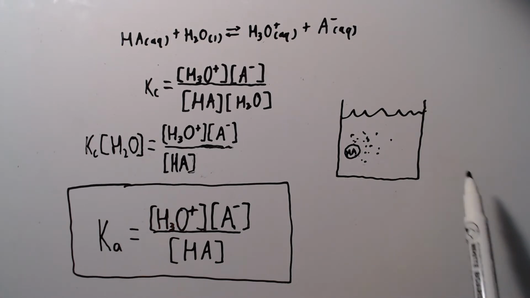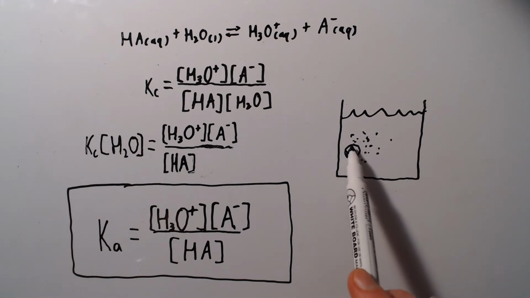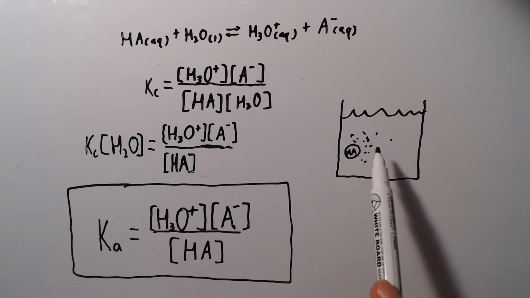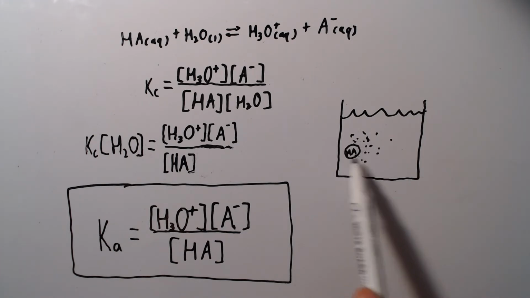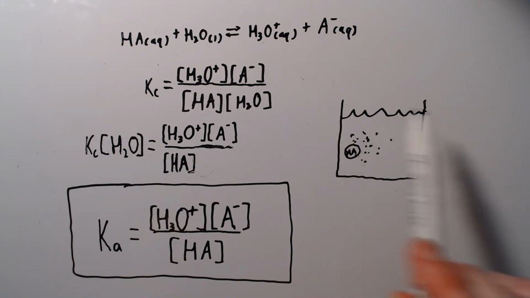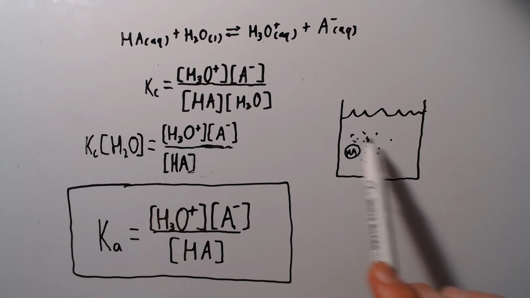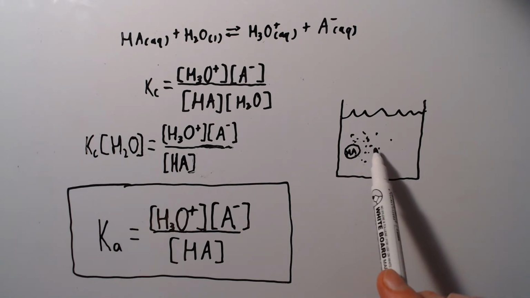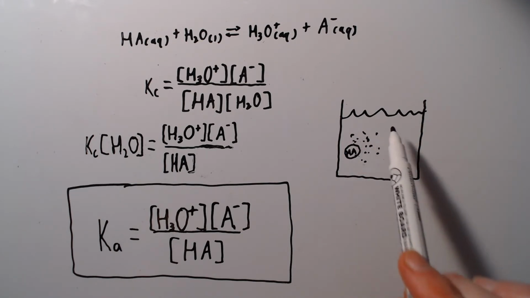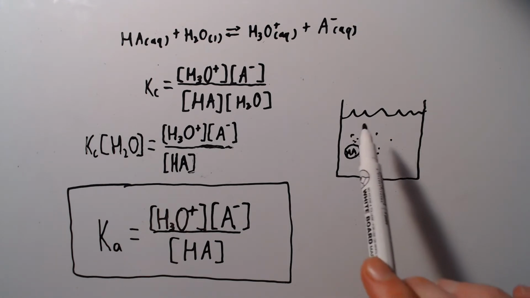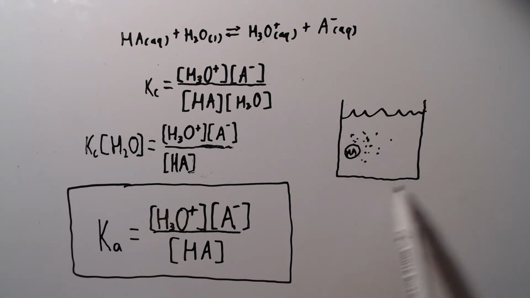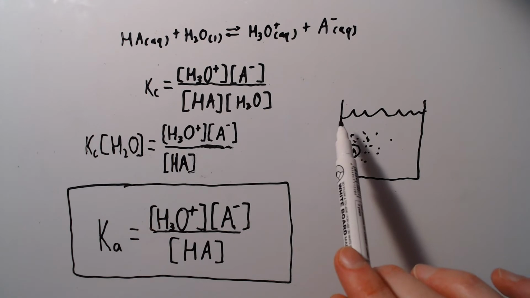So let's say we dissolve a little bit of this acid, yeah? Since there is so little of the acid relative to all this water, even though we used up some of the water when this acid dissociated, this change in water is relatively tiny in comparison to the total amount of water here.